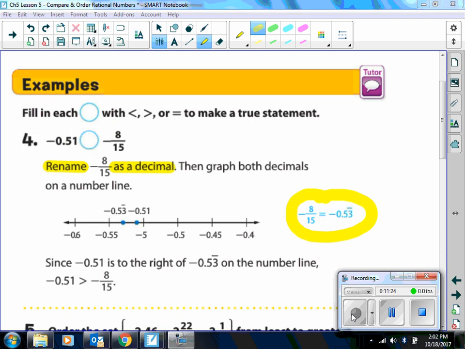So now we have a negative 0.53 right there, and then we have the negative 0.51 right there. So when we compare them, further to the left on the number line means smaller value, right? So what symbol goes in here? That's going to be a greater than. Very good.